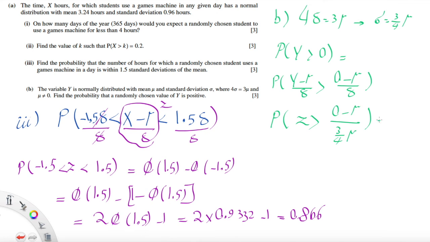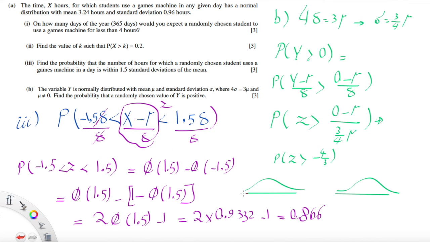Now it will be probability of z greater than 0 minus mu. If you simplify, it will be minus mu. Mu cancel out. It will be negative 4 over 3. Now from the normal distribution curve, let me show you exactly what happens and what region we actually need.